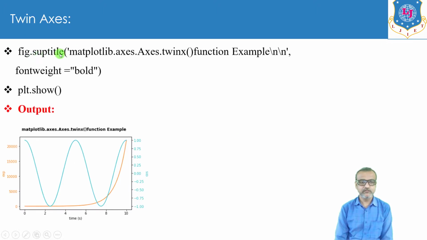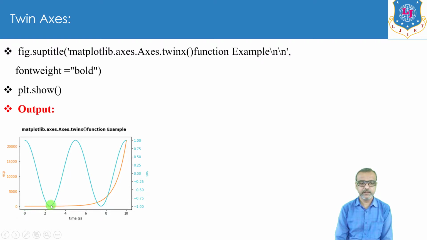Now figure.suptitle, that is this one. This is the subtitle, and you can see in the output as well. Then, with the help of this command, we can show the output on your screen. So this is the output. You can see that the x-axis, that is the time axis, is shared by the exponential curve and the cosine curve.